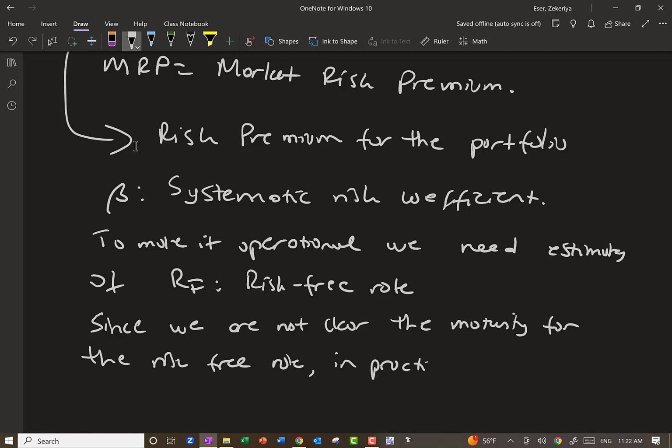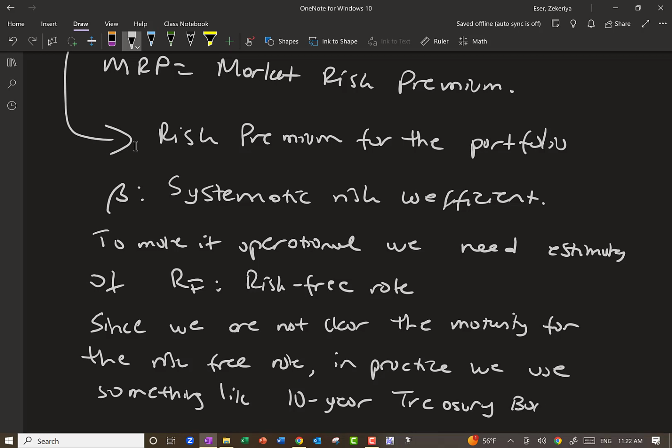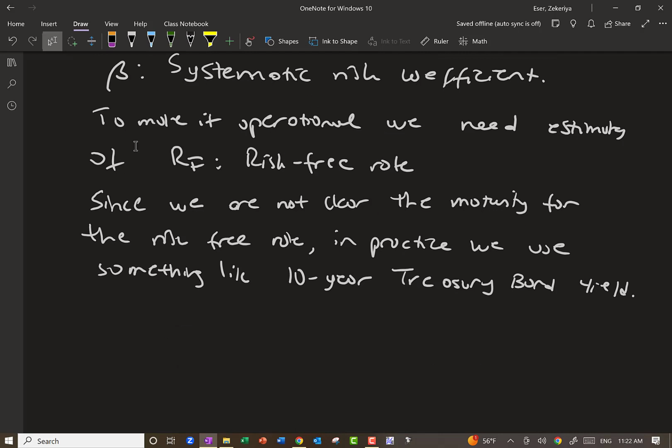in practice, we use something like the 10-year Treasury bond yield. Technically speaking, that's not risk-free, but remember the CAPM model doesn't have any time concept.